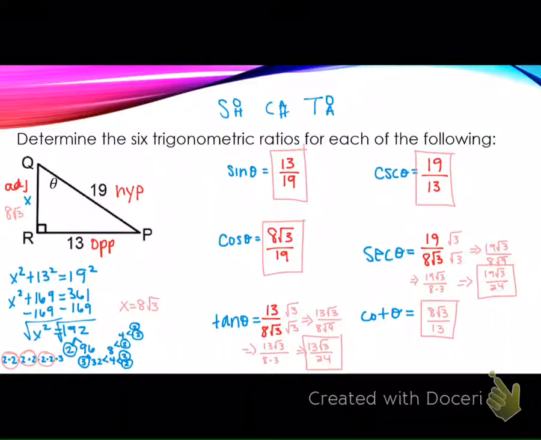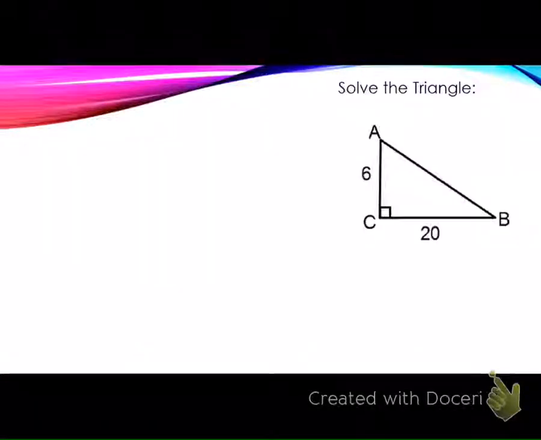Now we're going to be talking about solving the triangle. Okay, so let's pay attention. Solving the triangle. You're going to want to write this down. Means find all missing sides and all missing angles.